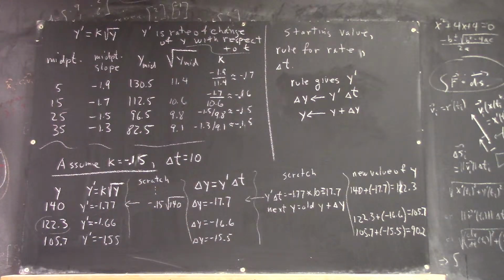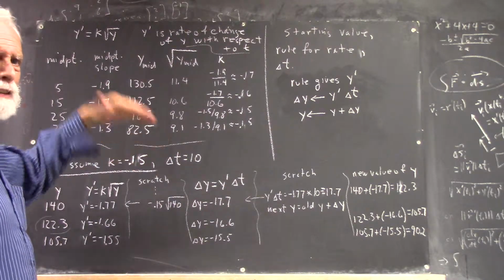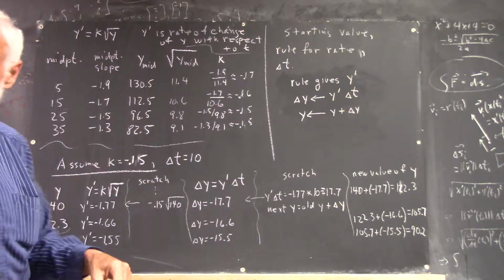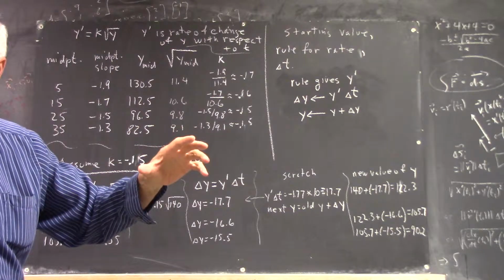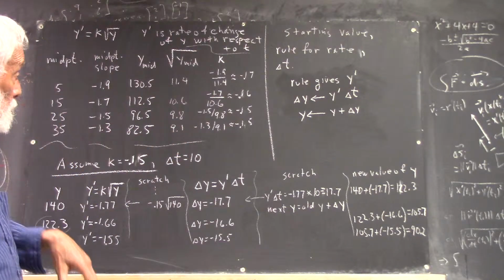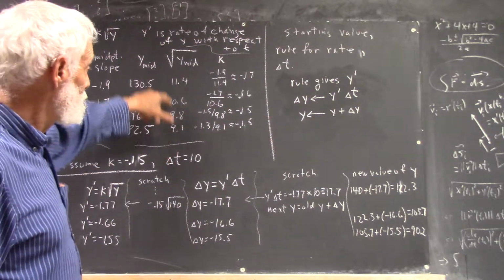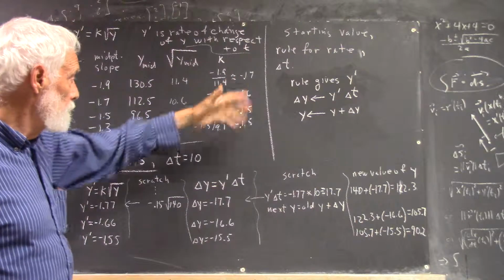Now, we calculate y mid based on the trapezoid, not based on the actual function. We should have used the actual function. We fudged a little bit and just averaged the two y values we had on our trapezoidal graph. And then we did the square root of y mid, and amazingly, I estimated all those correctly to the nearest tenth.